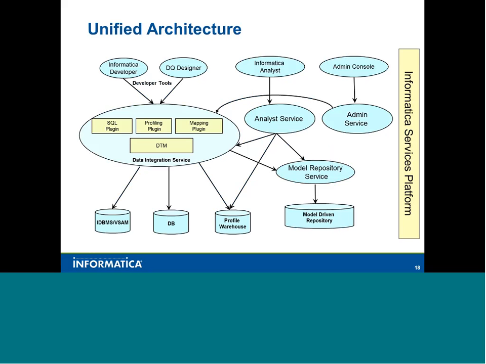Now starting with the ISP itself, when we said this is a unified architecture, I have just put a present slide for data quality and the data services. If you look at how it works, right? On the top are all the client tools: Informatica developer, designer, analyst service, or admin console. And if you look at the bottom part or the middle part, which are the services, right?